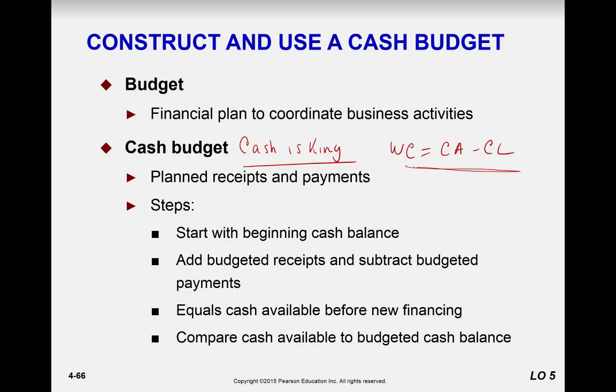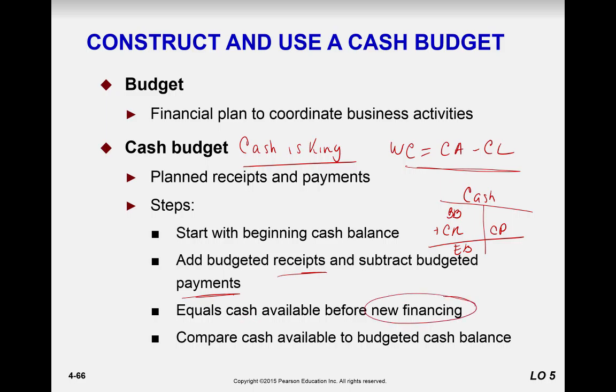How we start with our cash budget is we go back to our T accounts for cash. We have the beginning balance, we have cash receipts less cash payments equals our ending balance. So we have our budgeted receipts, we subtract our budgeted payments, and that gives us what cash is available before we need to finance.